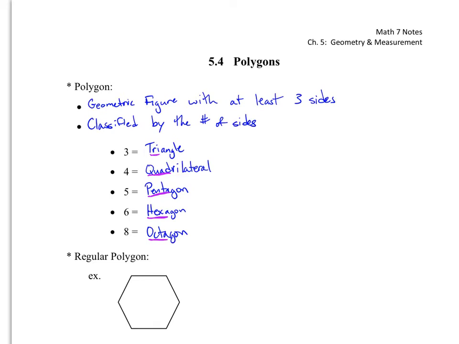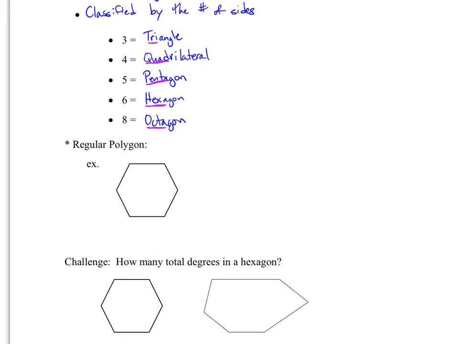Then we have these things called regular polygons, and this is an example of a regular polygon. What do you notice about the length of the sides of this regular polygon? Do you remember how we represented equal side lengths? We did the little mark.